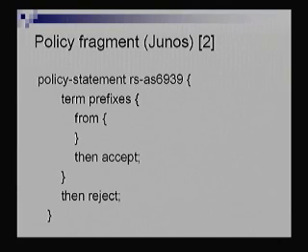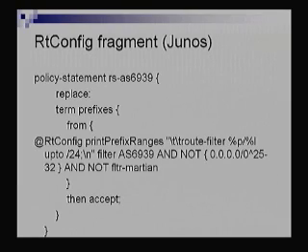Again, that's static. And here's just a bit of code from the RTconfig that's going to populate the prefixes term to do a match on all the route objects that have an origin AS of 6939 and they're bigger than or equal to a /24. And they're not part of the Martians.